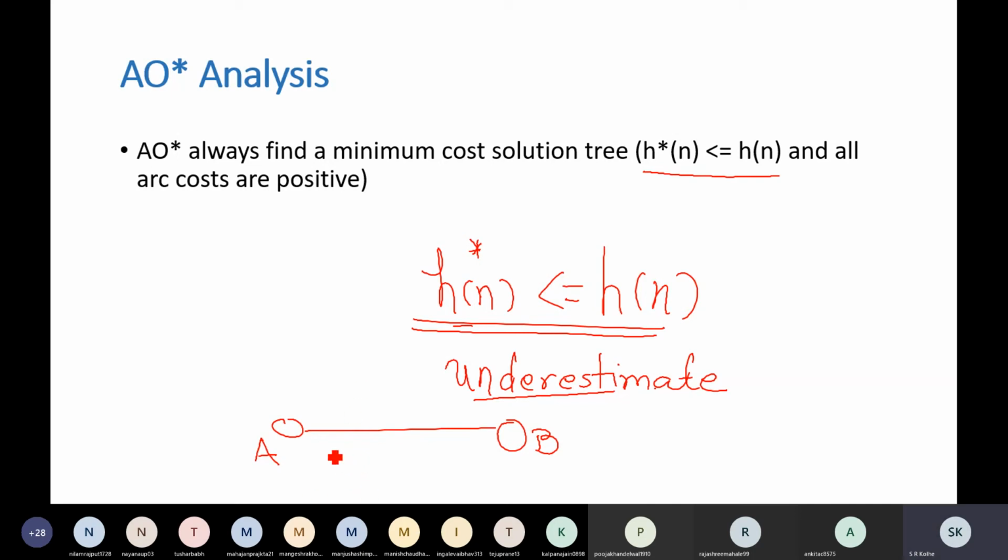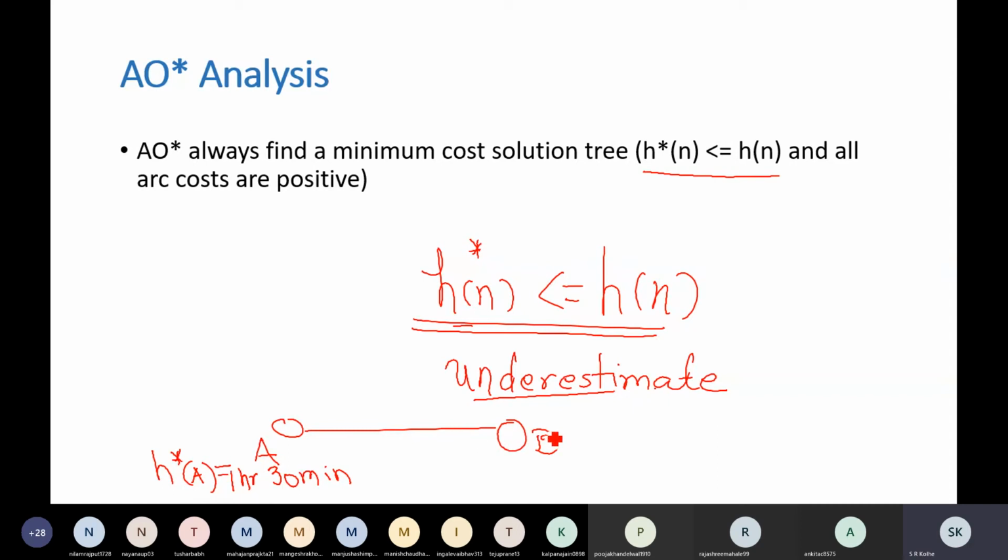When you are at point A, you have estimated that the time required to reach place B is 1 hour and 30 minutes. That is your estimate, H star at A.